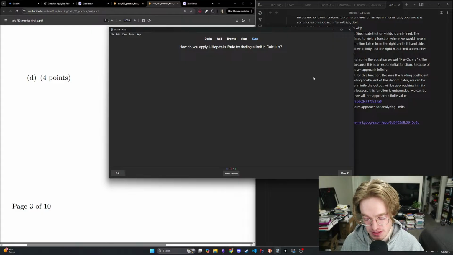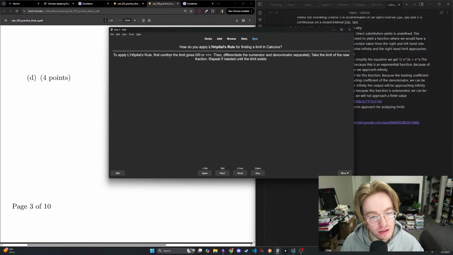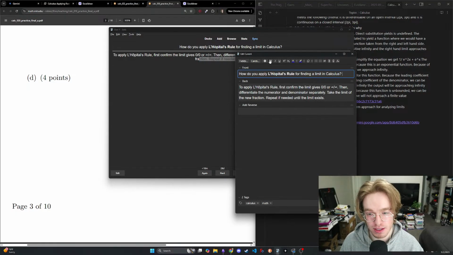Or perhaps this is the rationalizing of a function. Let's see. Differentiate the numerator and denominator separately. Take the limit of the new fraction. Okay. A limit for rational functions.